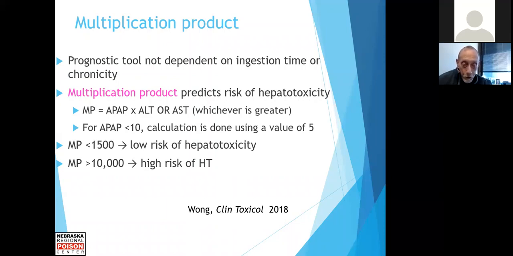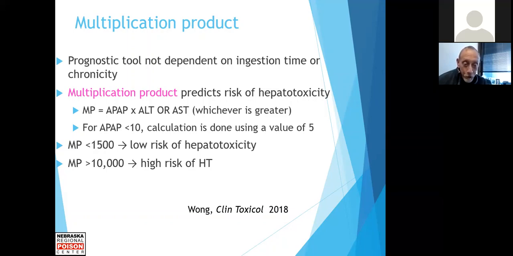So we know from the experience of studies on thousands of patients, this is predicting what is the risk of hepatotoxicity. What's the risk that patient is going to get liver enzymes greater than 1,000? Now, of course, if they present and their AST or ALT are already 1,000, you don't use it because you already know that answer.